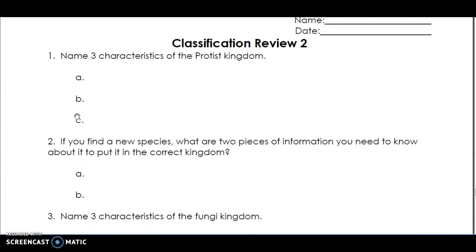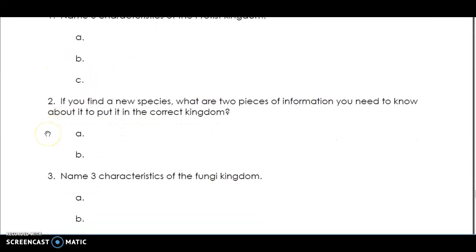All right, so here is your second section of questions. Number 1 says name 3 characteristics of the protist kingdom, A, B, and C. 2, if you found a new species, what are 2 pieces of information you need to know about it to put it in the correct kingdom?